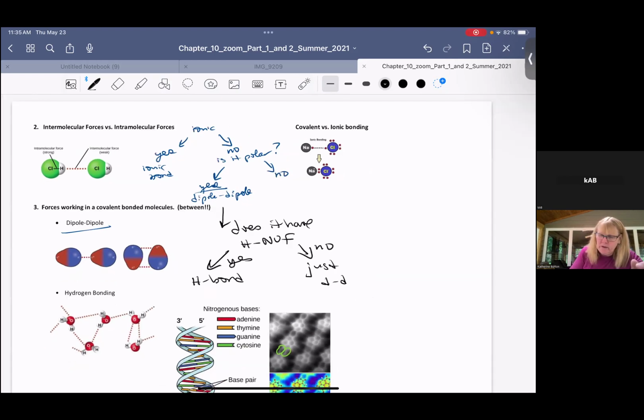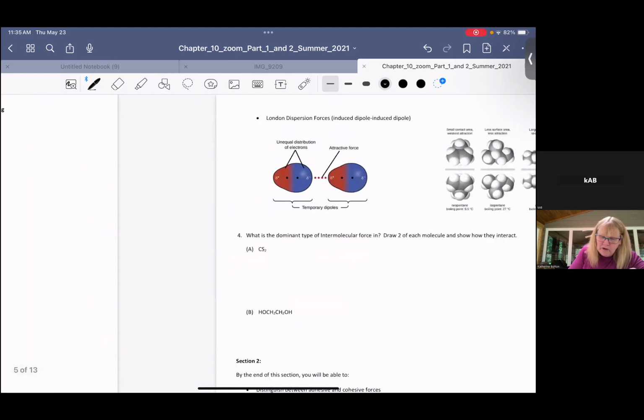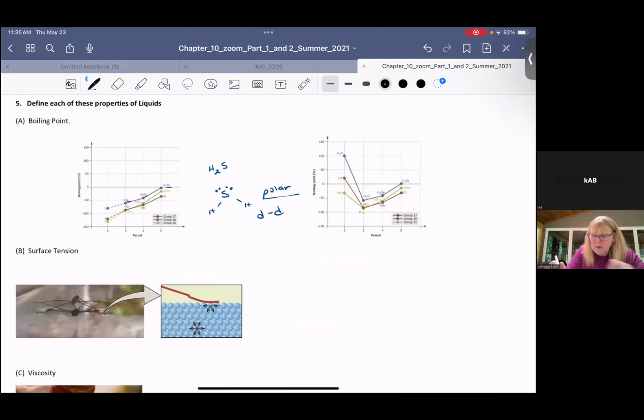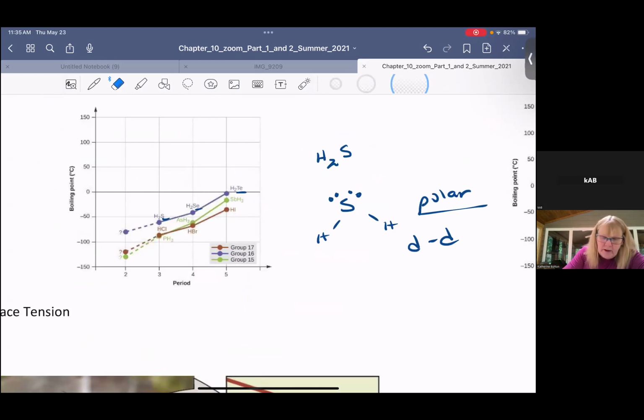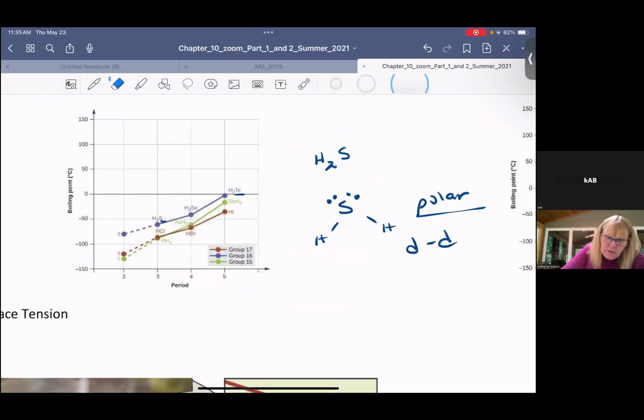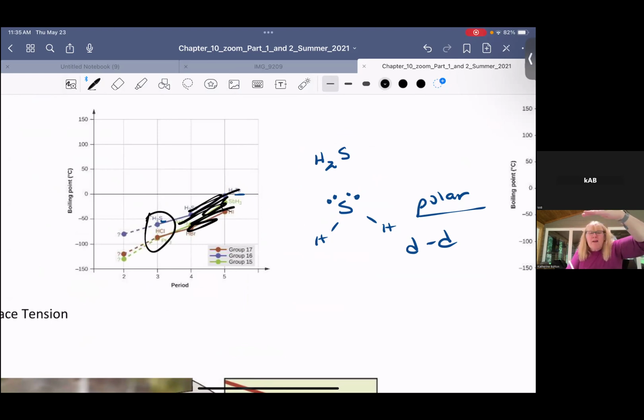So if we considered here our special case of this, and what we're looking at is hydrogen sulfide. I want you just to ignore these two for a moment, and I want to just compare these guys and what happens if we compare H2S to H2O. Both of these are in group 6. If we drew them out, H2O looks like this.